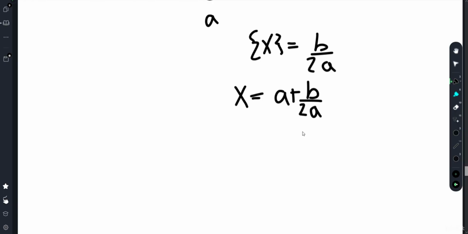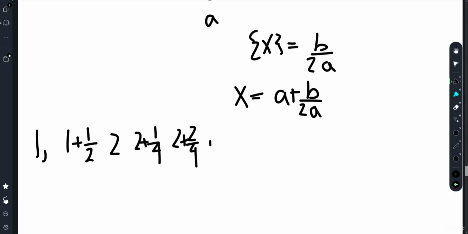The values of x range from 1 plus 1/2, 2 plus 1/4, 2 plus 2/4, etc., all the way to 99 plus 197/198, and then plus 100.